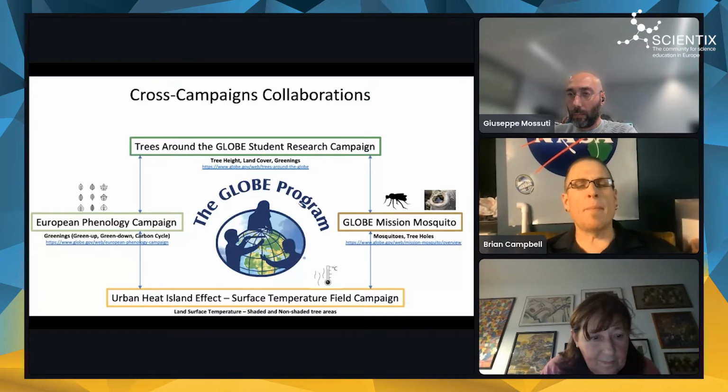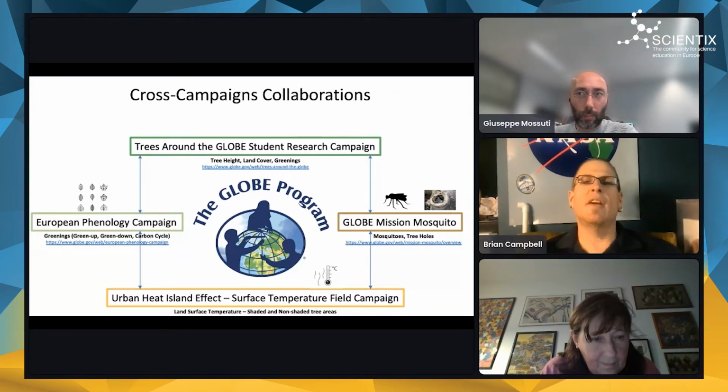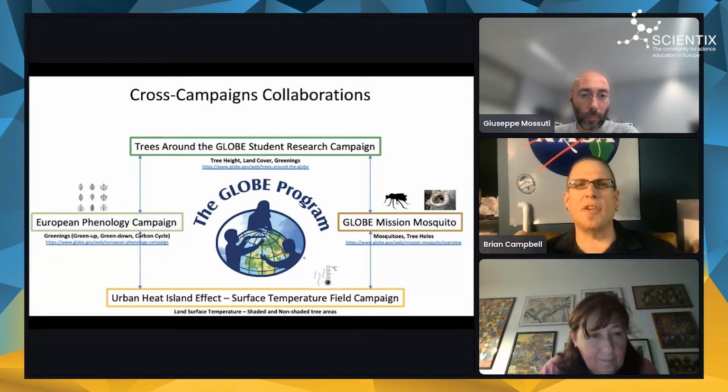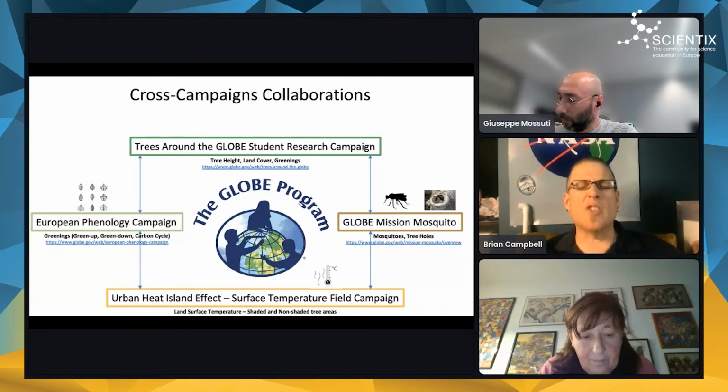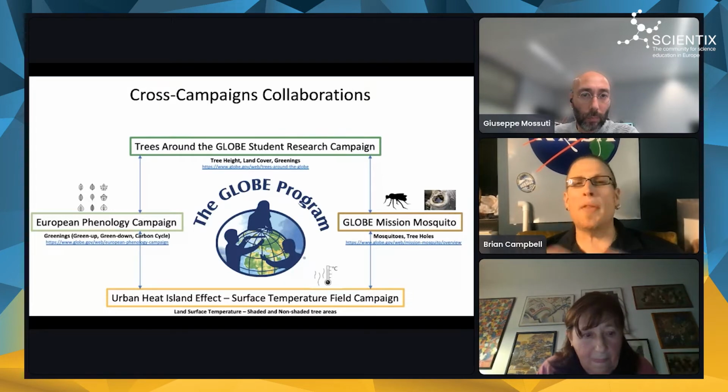The GLOBE program has over 250 million observations of 50 different measurement protocols, everywhere from air temperature to mosquito habitats to soil temperature, soil characterization, looking at water chemistry like alkalinity, pH, all these things.